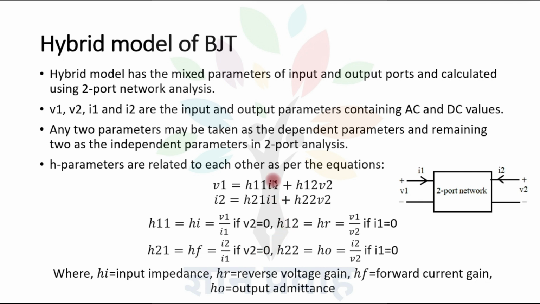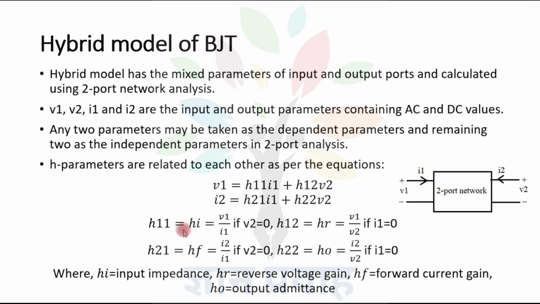Similarly, when the input side is open circuit, it means current I1 is 0. Then we can calculate the H12 and H22 parameters. The H12 parameter is V1 upon V2 if I1 is 0 or the input side is open. H22 is I2 upon V2 when I1 equals 0.